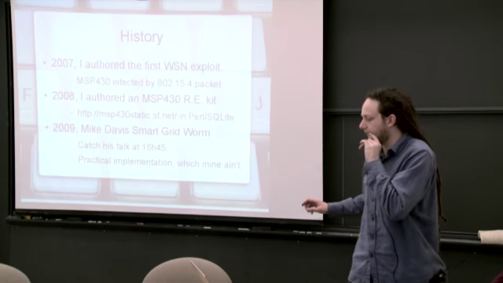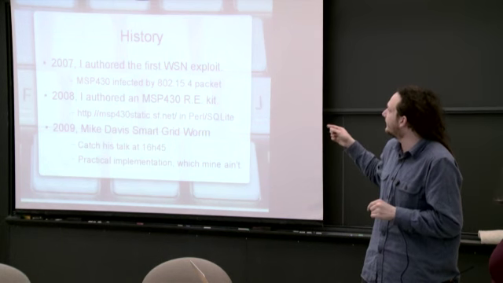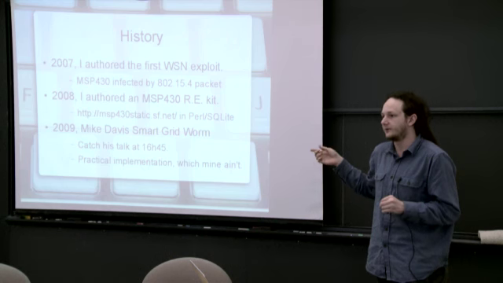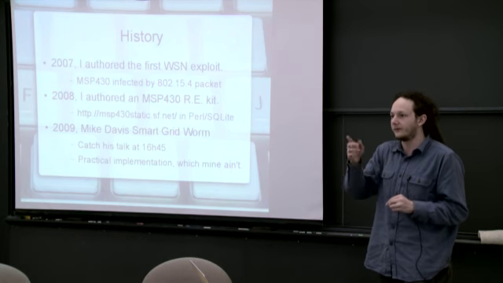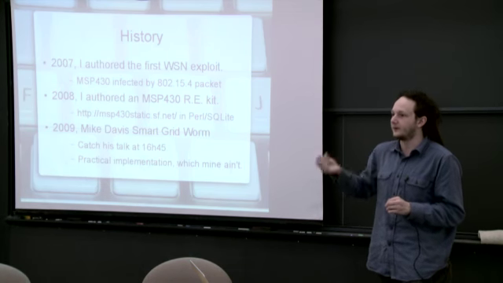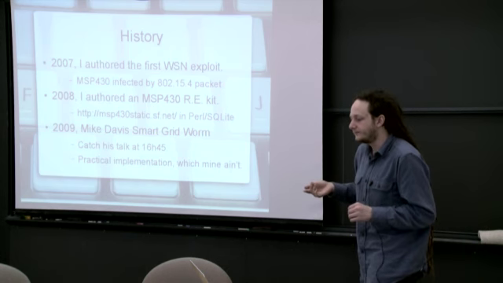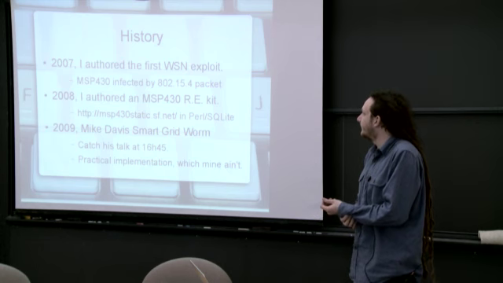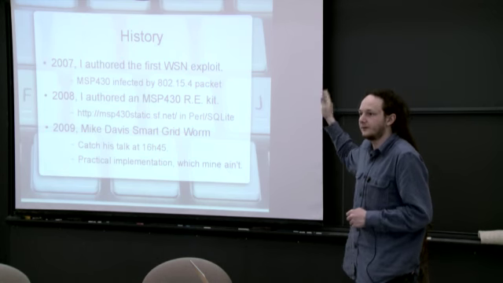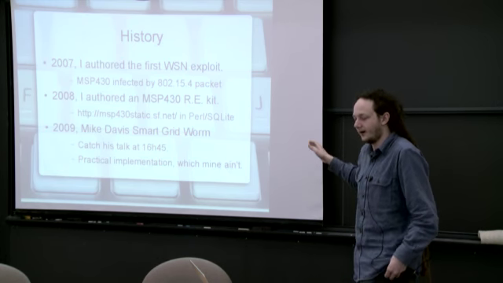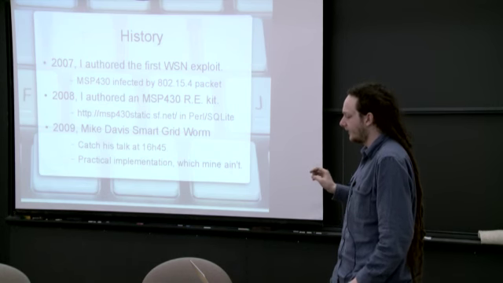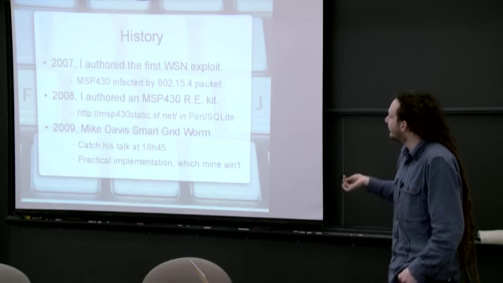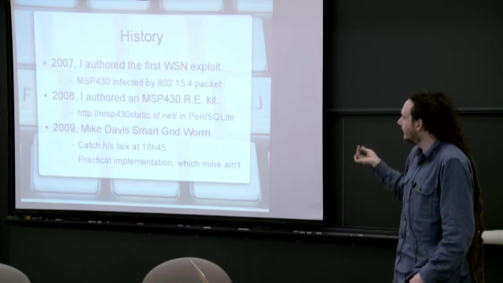So the history of this was that in 2007, I wrote the first exploit for the MSP430. This is a packet that if you receive it, it will overflow the stack and then execute itself. In 2008, I authored a reverse engineering kit for the MSP430. Don't use this now. IDA Pro supports the chip. And then in 2009, Mike Davis had announced that he'd written a smart grid worm.